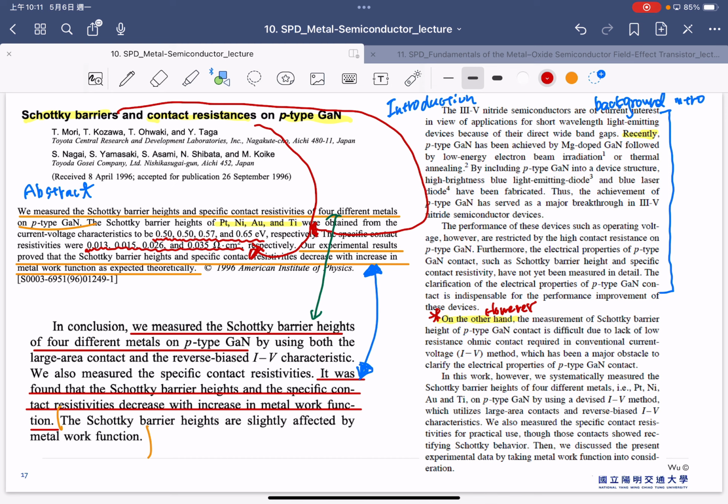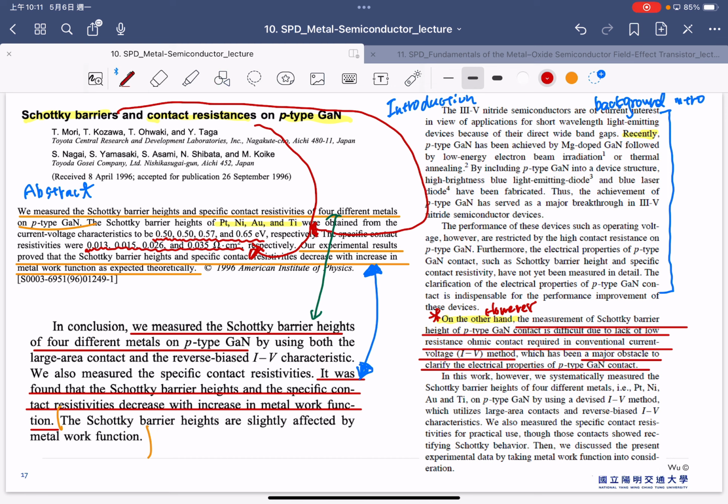Here the first one mentions one difficulty, and this also mentions a major difficulty in p-GaN contact. That's the point: after "on the other hand" or "however", we usually start to clearly indicate what the issues actually are.